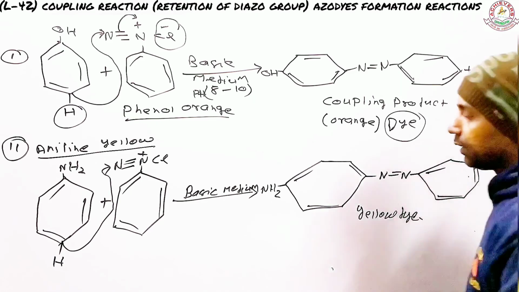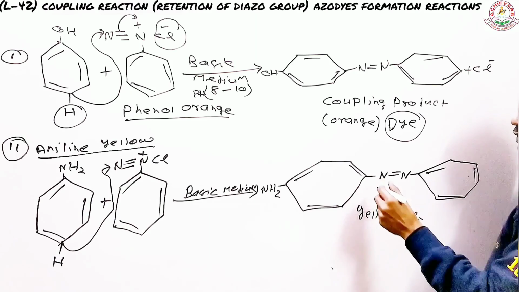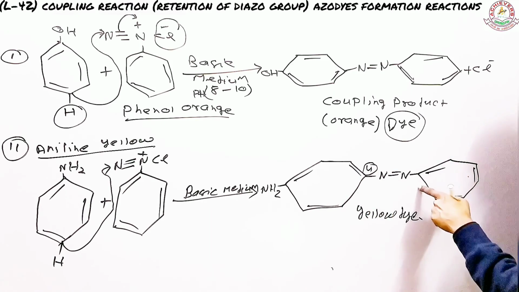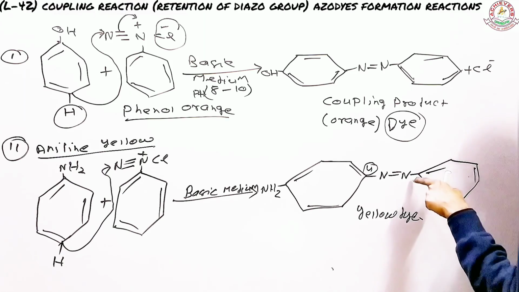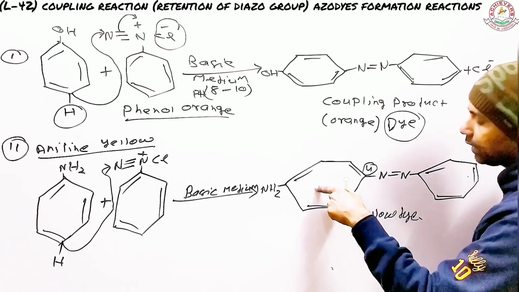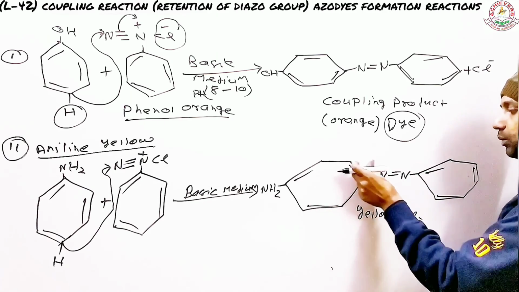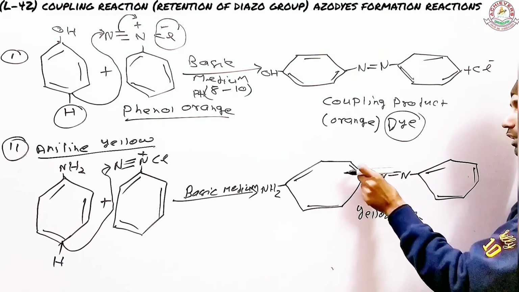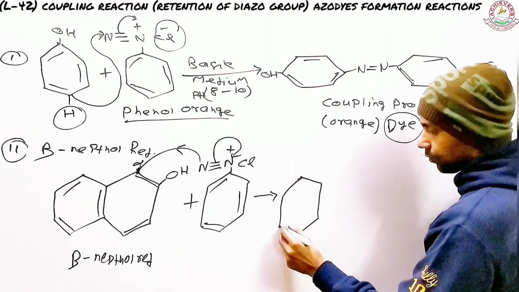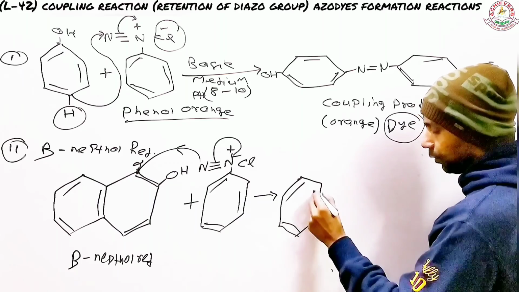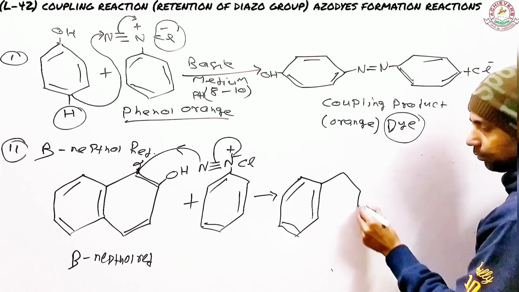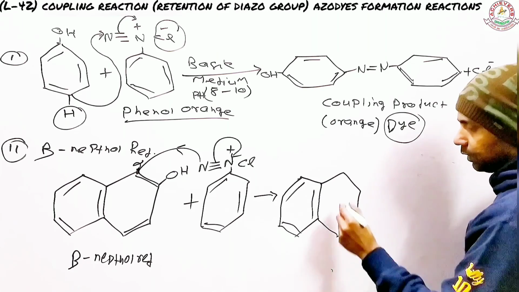Now again, the coupling is taking place between the fourth carbon of the aniline and the nitrogen. So that's why it is called carbon nitrogen coupling also. So this is your beta naphthol part, and again you have another benzene molecule here.